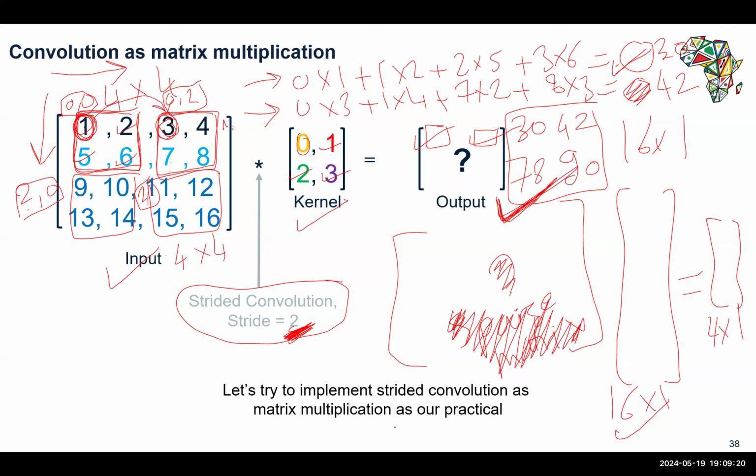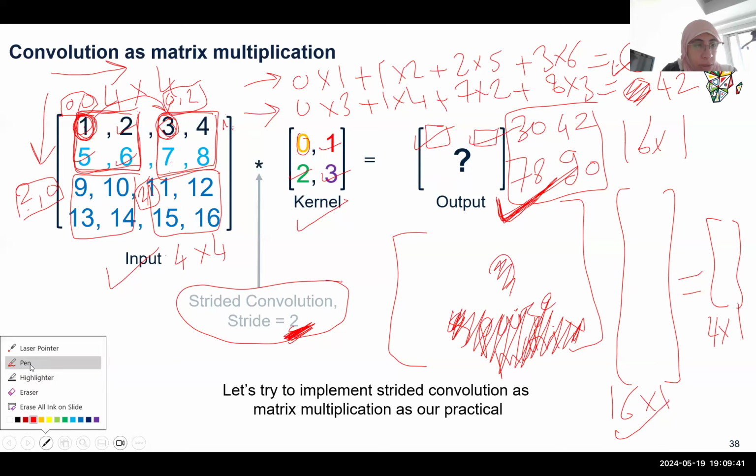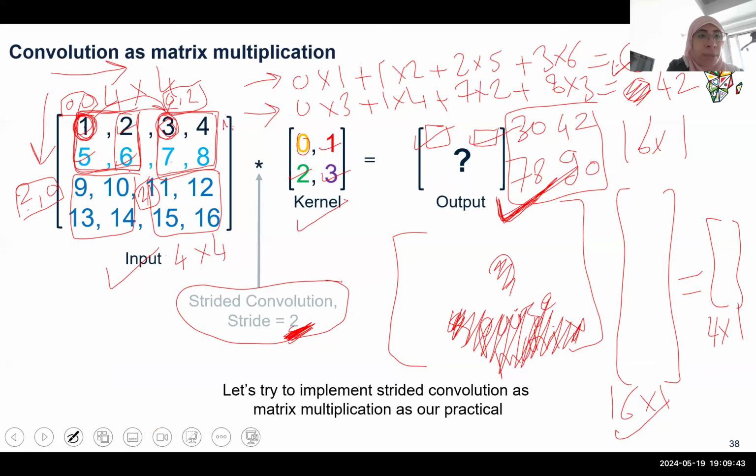Yes, I just wanted to ask about what about the elements that we skipped? So if we are having stride 1, I will have something in between, because with stride 1, I have to do the sliding window at each pixel.